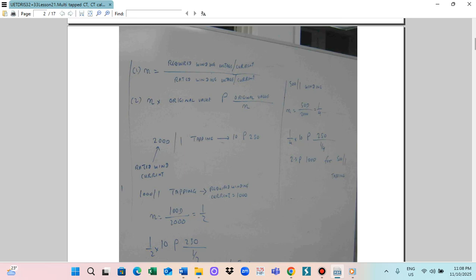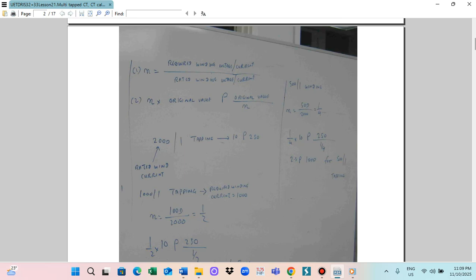The original value is, for example, 10PS 250. So 10 is the original value, and after PS, 250 is the original value. So firstly we calculate for the 1000/1 winding.